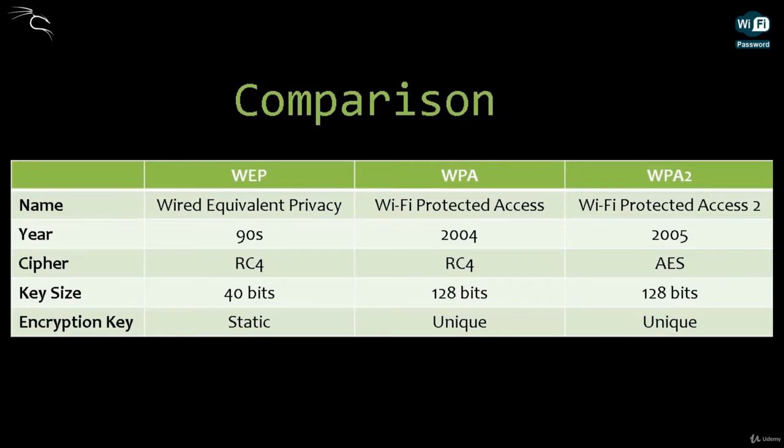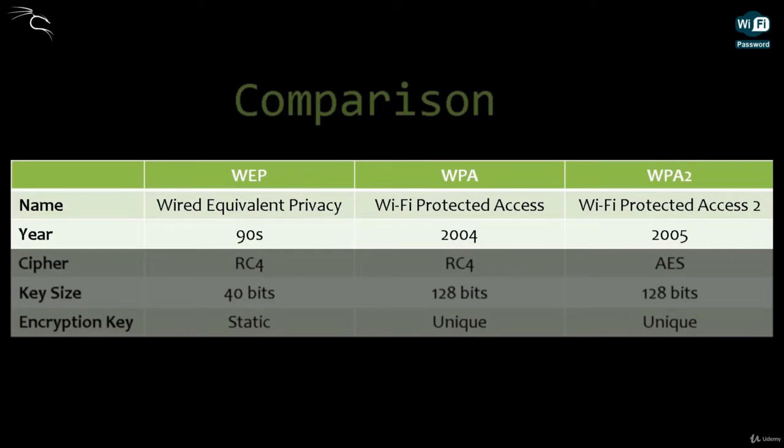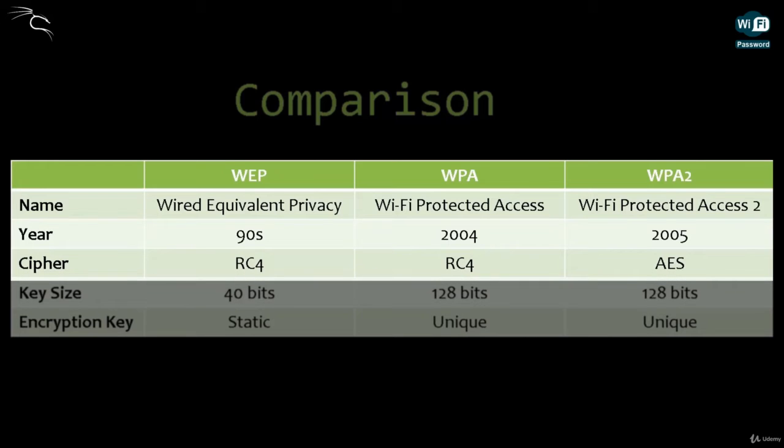A quick comparison between WEP, WPA and WPA2. As you can see, WEP was introduced in the 90s, while WPA in 2003 and then WPA2 in 2004. The cipher is RC4 for WEP and WPA, and it's the enhanced AES for WPA2. So as you can see, WPA2 is currently the most secure security extension.